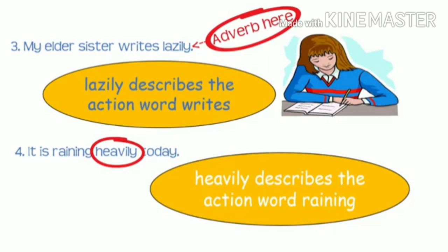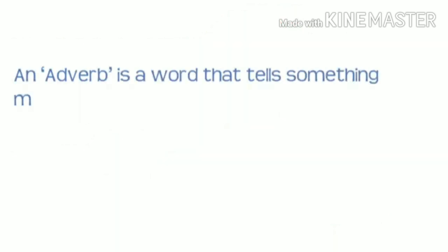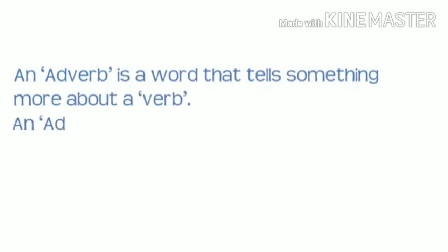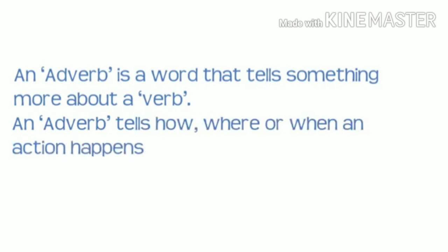An adverb is a word that tells something more about a verb. An adverb tells how, where or when an action happens. So, how to form adverbs? Now we will learn how to form adverbs.